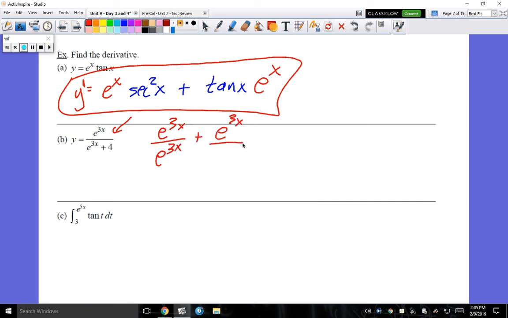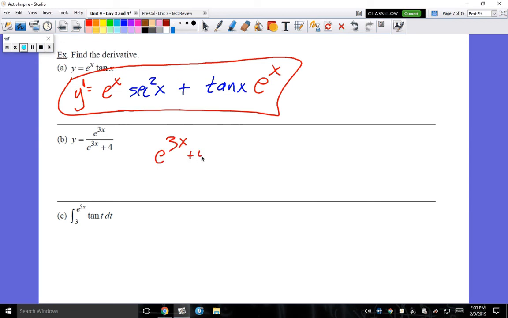You don't split it up into two like this. You only do that when the bottom denominator has one term, which is not the case here. The second question is, would I bring this up with a -1 power, if you will? The answer is no, because the top is not just one term, that is a constant.